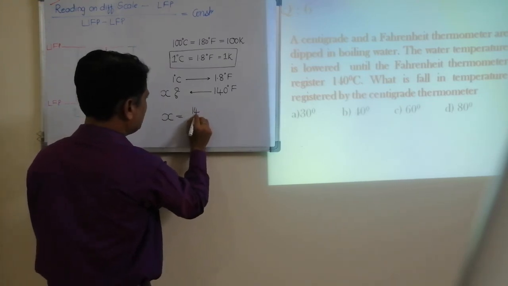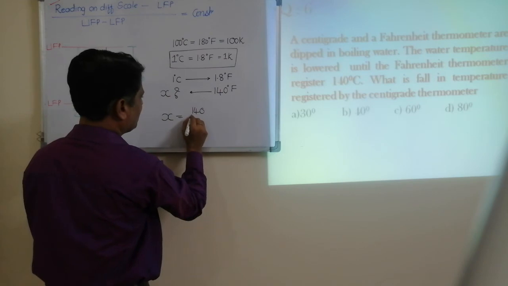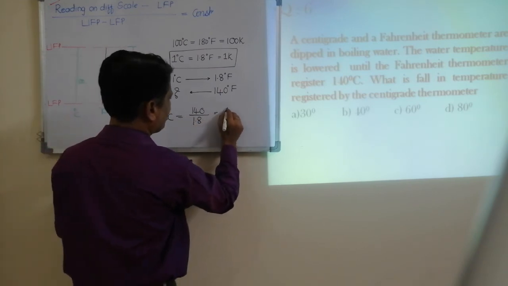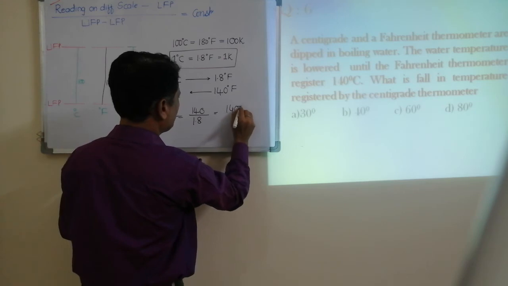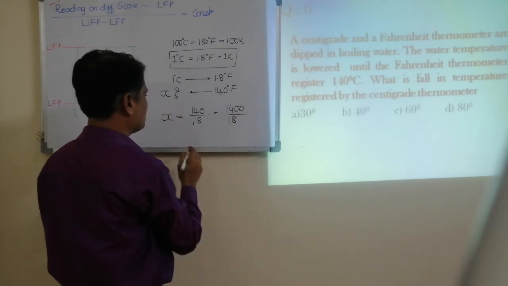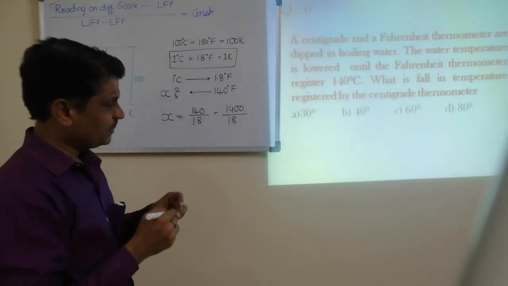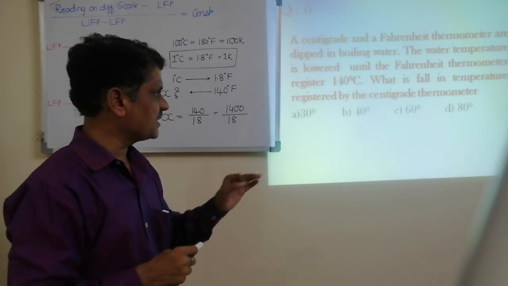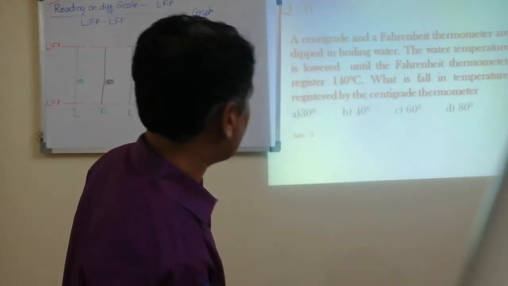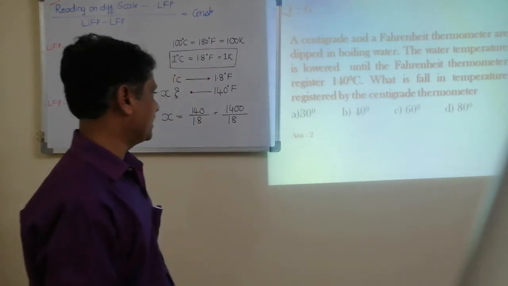It is 140 into 1 is 140 divided by 1.8, or multiply and divide by 10, 1400 divided by 18 is the answer. Please simplify, pause the screen and try. So the answer is 40 degree.